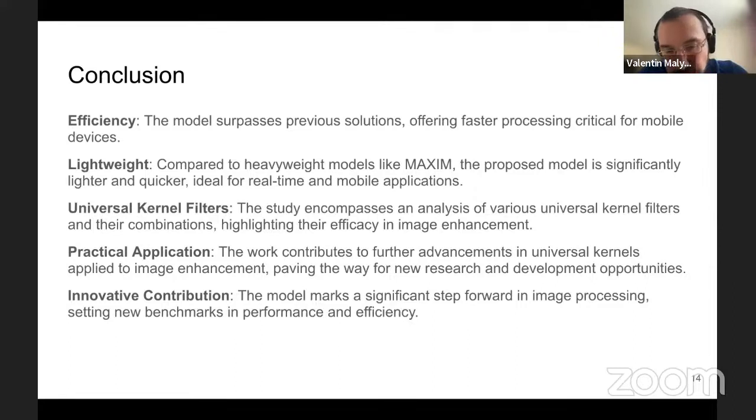And our model is innovative, using the specific unified filter generation and the unified filters themselves. So it seems that our model is a good step forward in this task. That's it. Thank you for your attention. I would like to answer some questions.